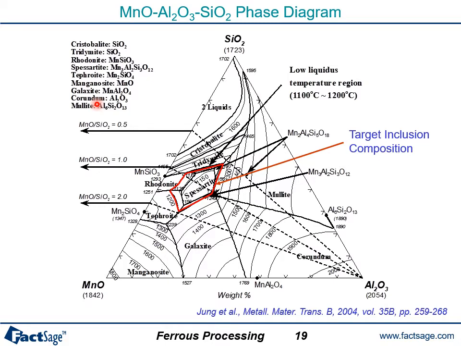So we can change the chemistry from the MnOAl2O3SiO2 system to the MnOSiO2Al2O3 system with CaO and a little bit of MgO. By doing so, we can even find a better inclusion composition, which has an even lower melting temperature than 1200 degrees Celsius.